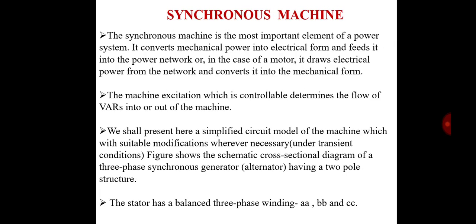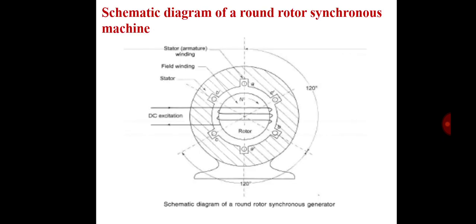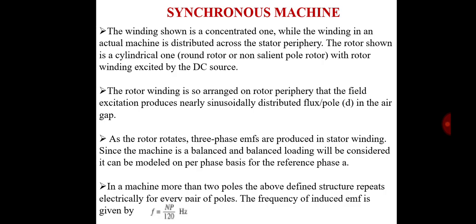Now we see the stator has a balanced three-phase winding, AA dash, BB dash and CC dash. The winding shown is a concentrated one, while the winding in an actual machine is distributed across the stator periphery.